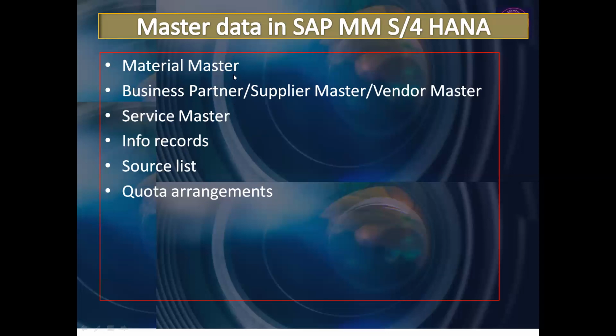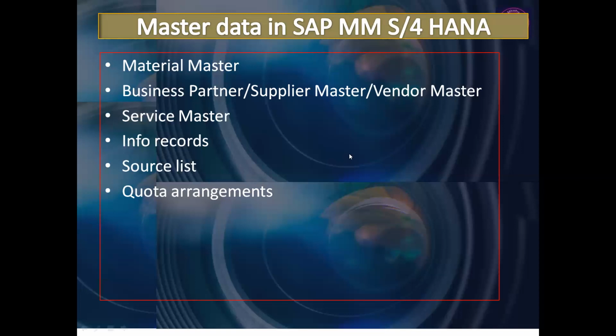Because material master, business partner, and service master are used by other departments as well, such as finance and sales. But info record, source list, and quota arrangement, these three are purchase master, which is used only for procurement activities. Okay, now let's get started.